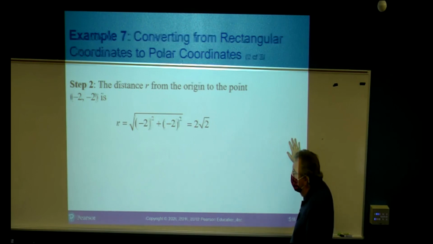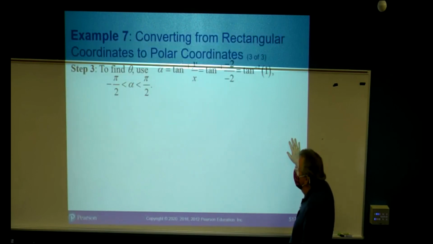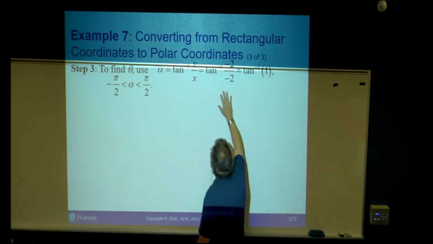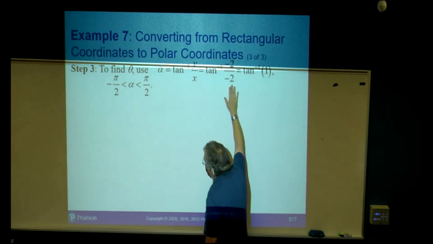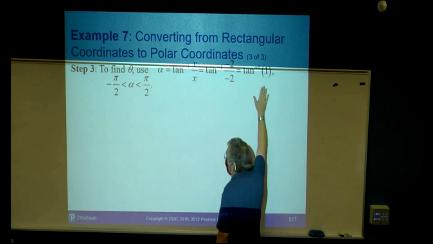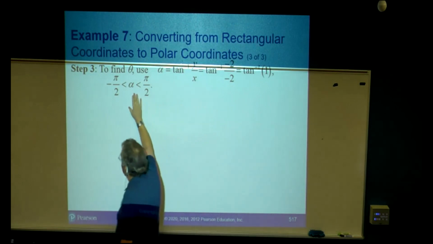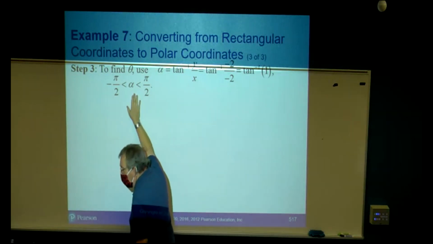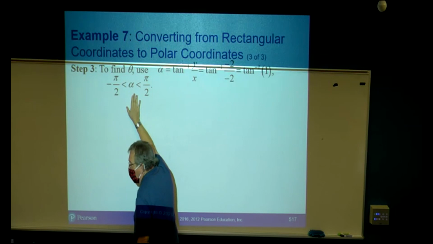So now we just need to figure out what the angle is. And so we're going to do inverse tangent of y over x. So that's going to be the inverse tangent of -2 over -2, which is the inverse tangent of 1. And it's going to give me an angle in either the first or fourth quadrant.